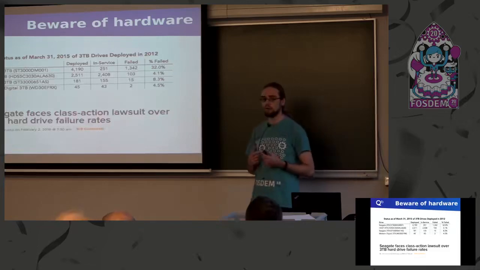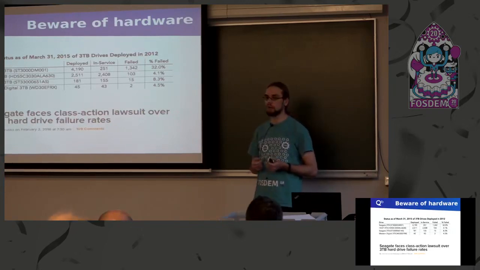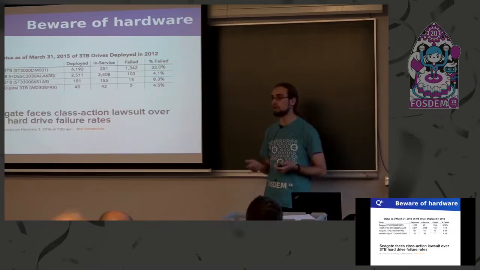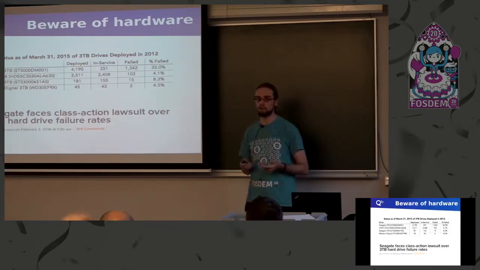If your server happens to have those disks inside, you have a very high probability of failure, and even ZFS won't be able to do anything if you lose the majority of your drives. So it's very important to have separate types of disks in your server.